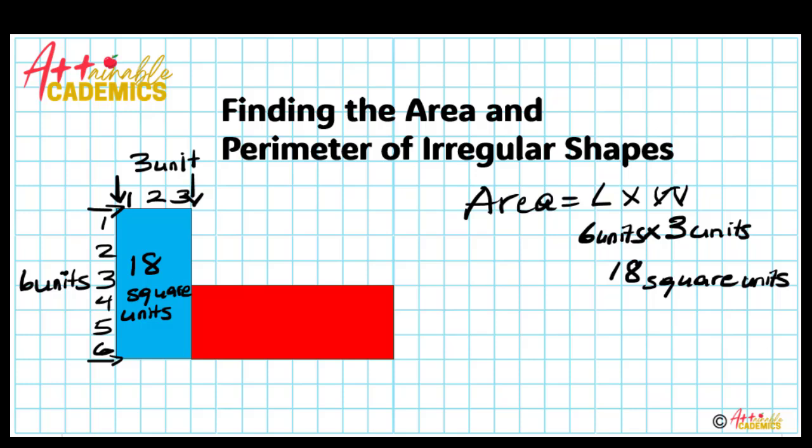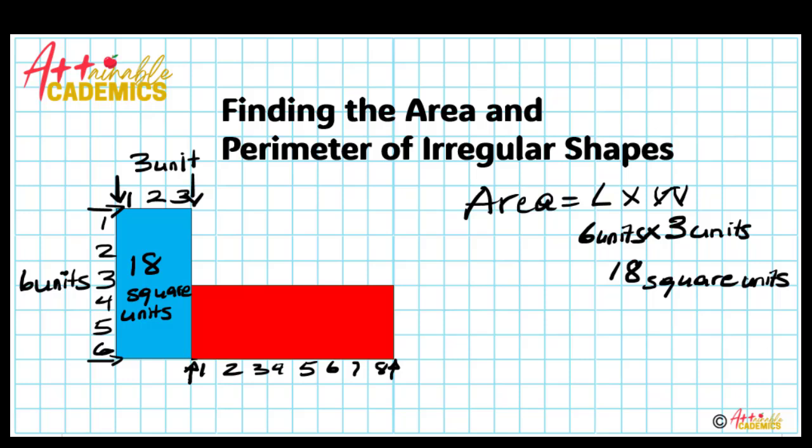Are you ready for this? Brace yourself. From this point to this point, you have to figure out how many squares can fit. Let's just count them and make sure. We've got 1, 2, 3, 4, 5, 6, 7, and 8.